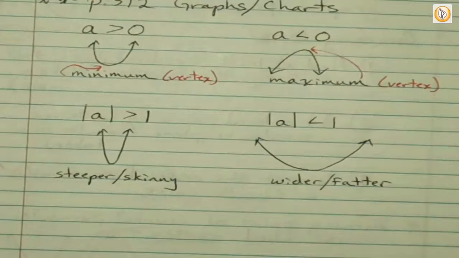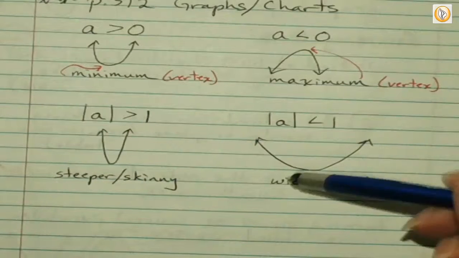Yes, sir. I have a question. Yes. So, if the absolute value of A is less than 1, wouldn't that mean it can only be 0? We're going to do an example and I'll show you. It's so, but my point is, don't think too much into this.